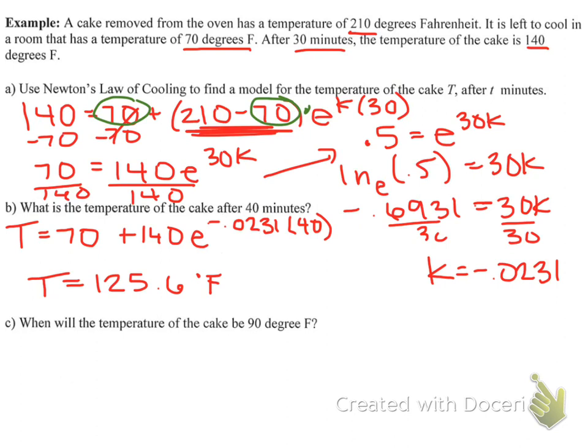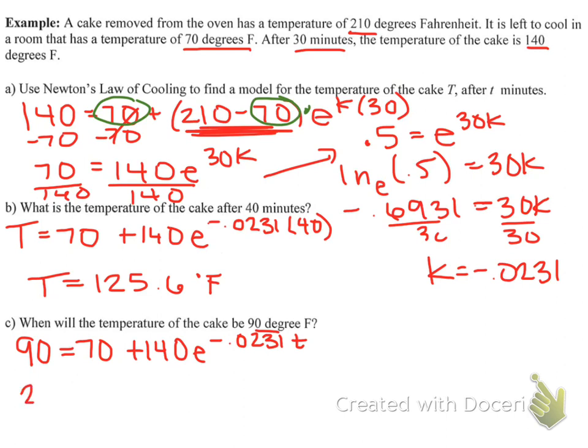The last one we need to do is letter C, and the process for letter C is almost identical to the process for letter A. The only thing that's different is the ending temperature is now 90. So I now have 90 equals 70 plus 140e to the negative 0.0231t.